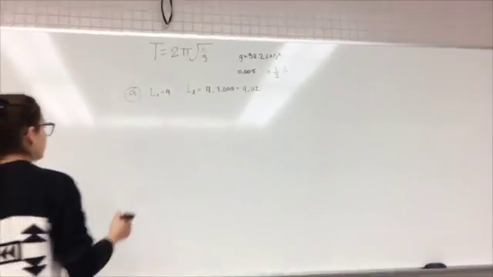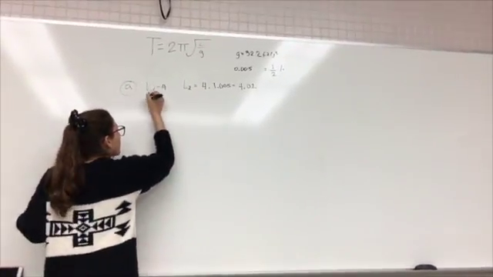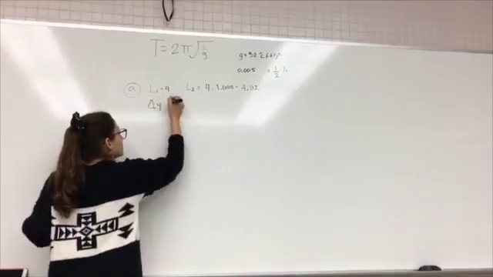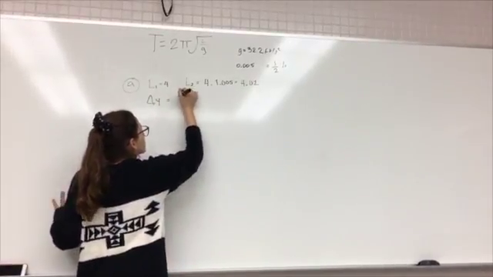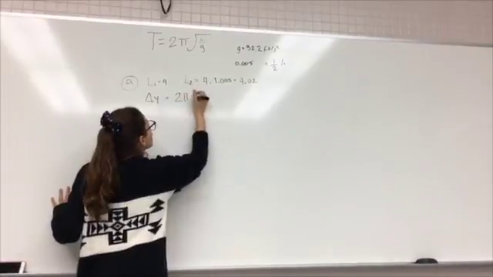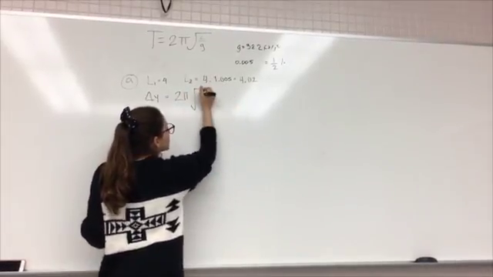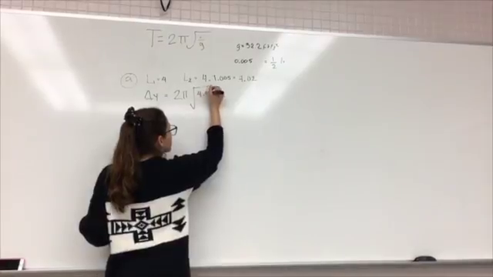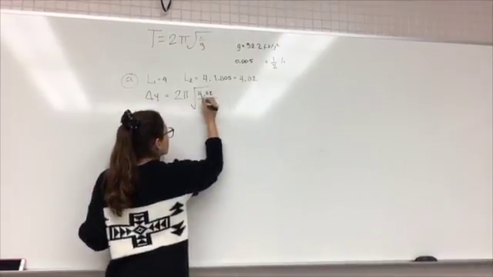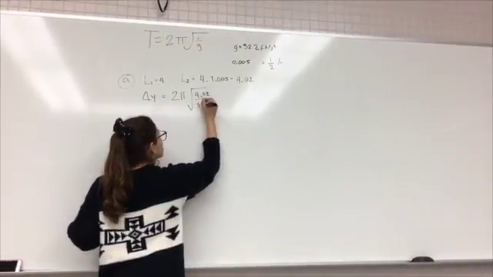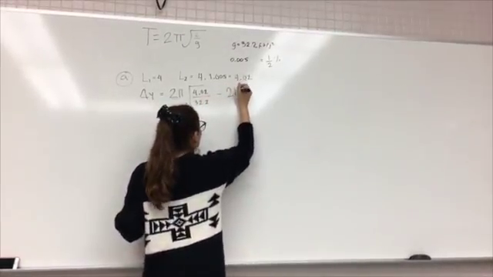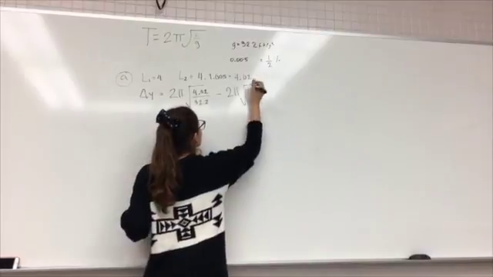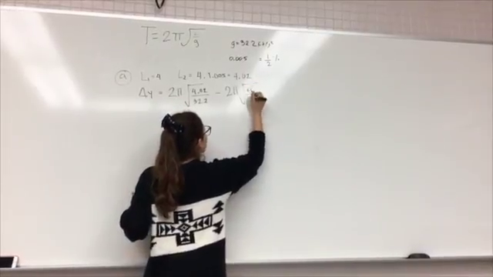Now you're going to use delta y, which is 2 pi square root of 4.02 over your gravity, which is 32.2, minus 2 pi square root of 4 over your gravity.